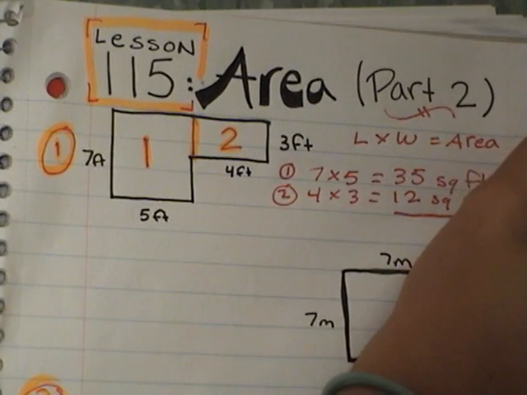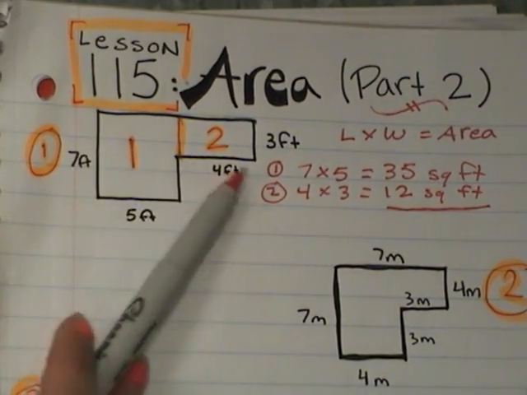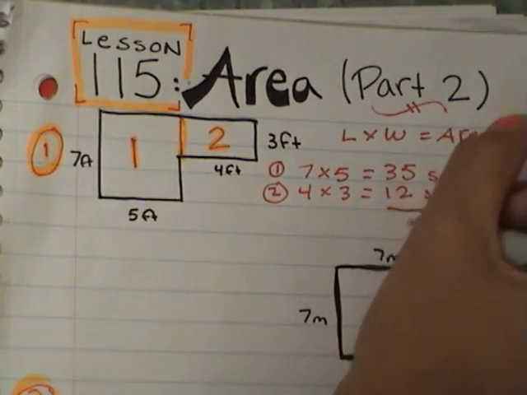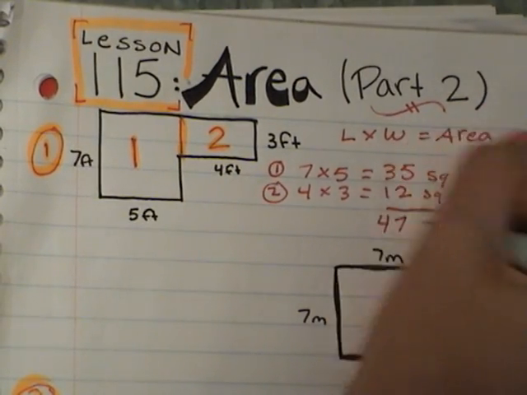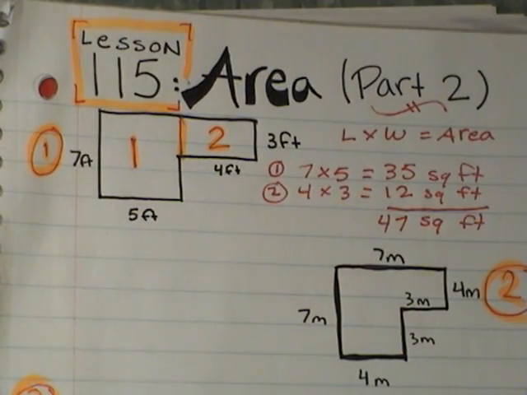Now, if I want to know the total square feet in that whole shape right there, I'm going to have to add them together. So I'm going to add the area from number 1, and then I'm going to add it to area from number 2, to get 47 square feet. And that's how you will find the total square feet.